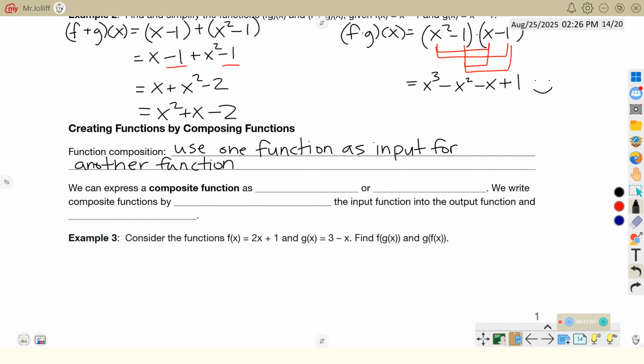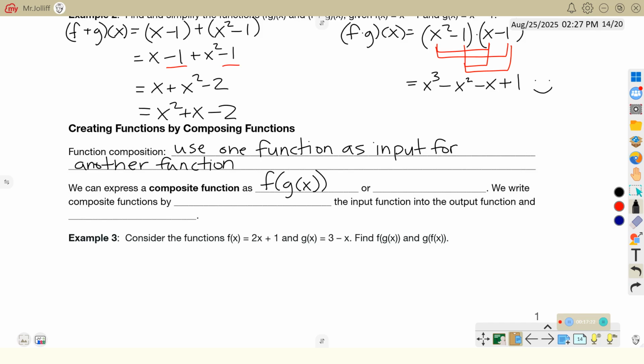We can express a composite function using two different notations. My preference is f parentheses g parentheses x. So f of g of x.